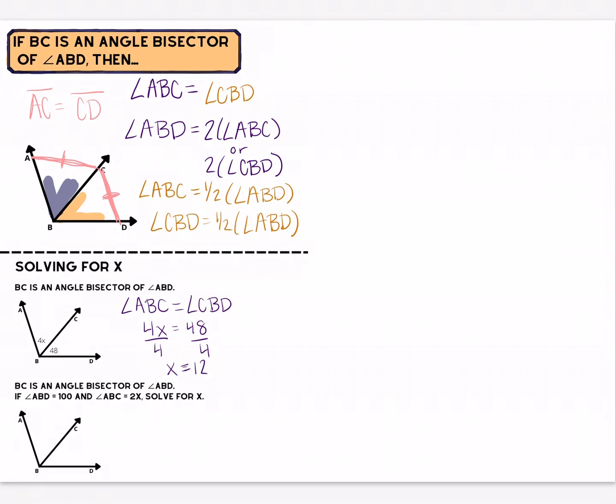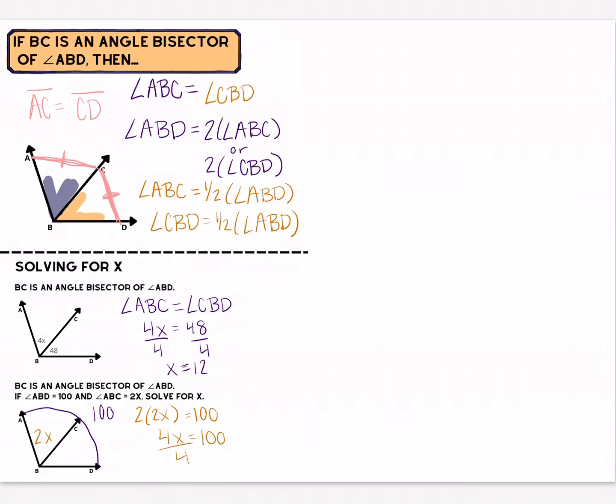The other situation you may see is they give you the whole angle, so ABD is 100, and ABC is 2x. You know that 2 of this angle is the whole thing, so we do 2 times 2x equals 100. 2 times 2x is 4x equals 100.